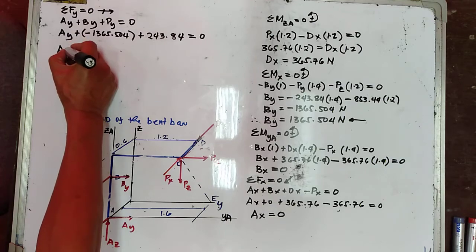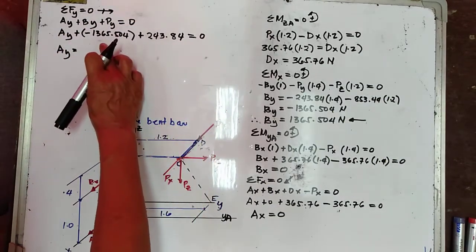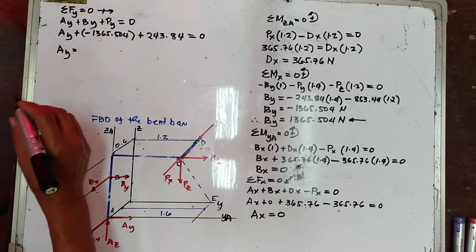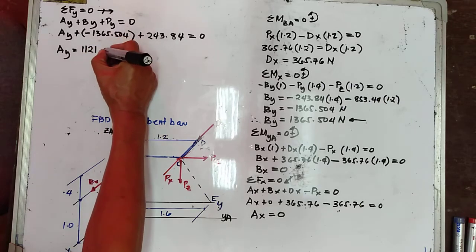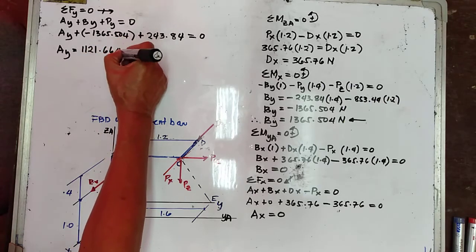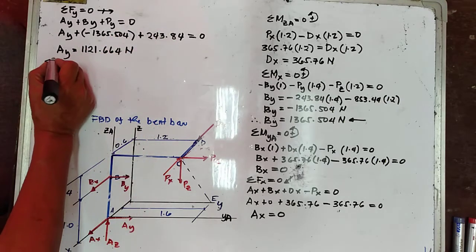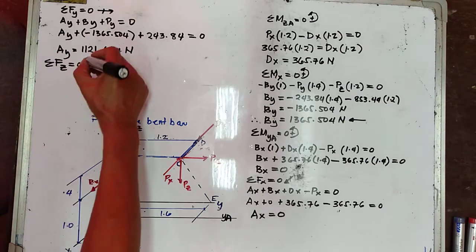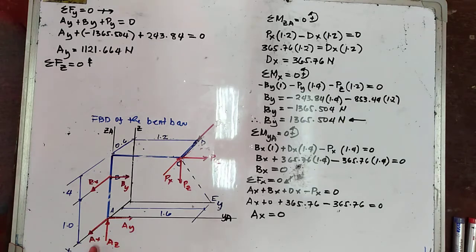So that the value of ay, transpose this to the other side of the equation, so that is 1365.504 minus 243.84. Ay is 1121.664 newtons. Next, summation of forces in the direction of the z-axis is equal to 0, upward forces positive.